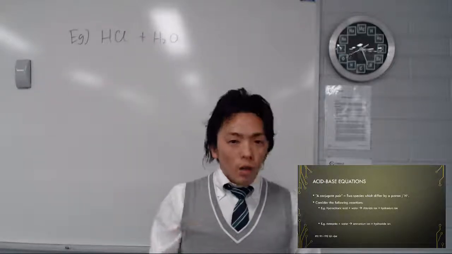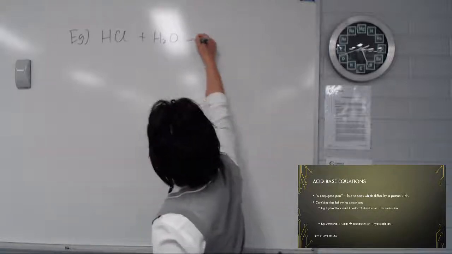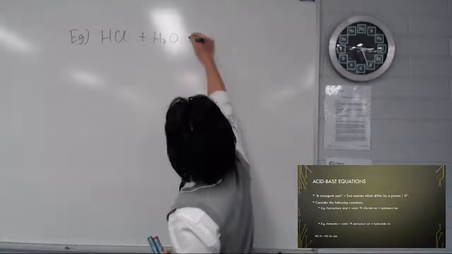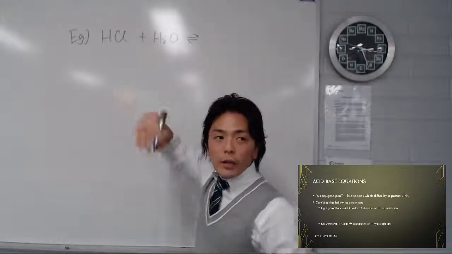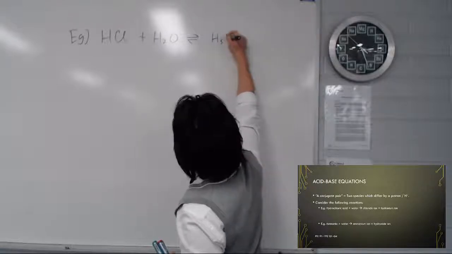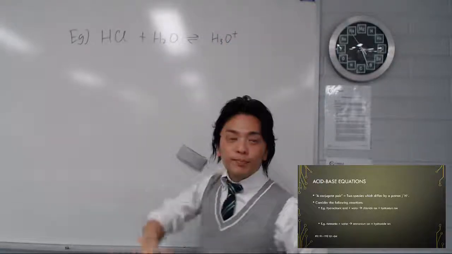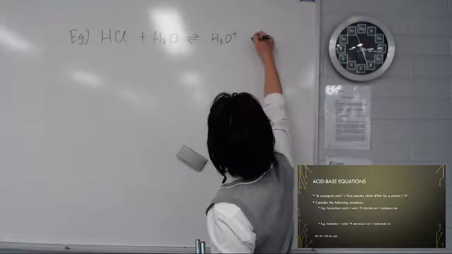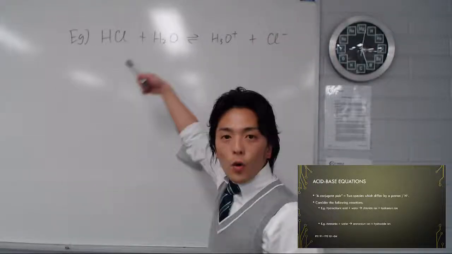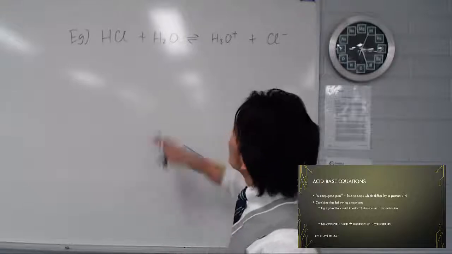Now, hope you know that when they react, one product will be H3O plus, and also Cl minus. So they are the products if you look at the forward reaction.